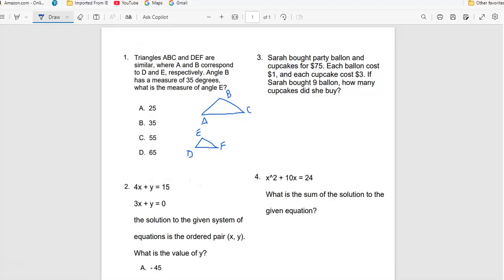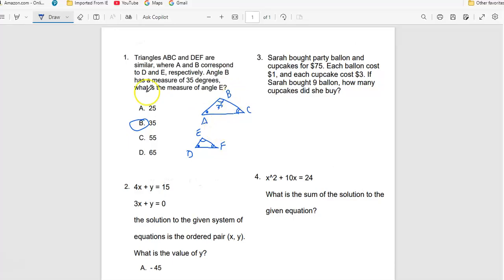So angle A has to be congruent to angle D, angle E congruent to angle B, and angle C congruent to angle F. If we're looking for the measure of angle E, it has to be the same as angle B, and we already have angle B is 35 degrees, so angle E has to be 35 degrees.